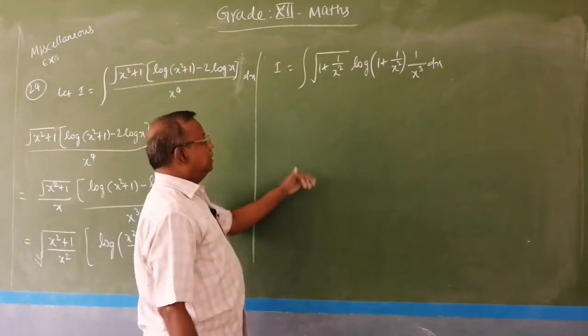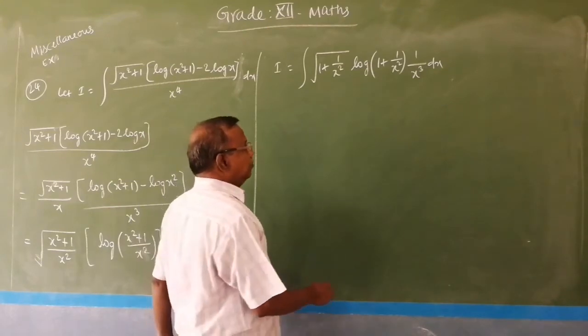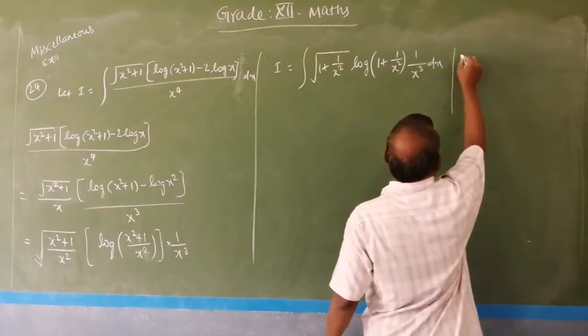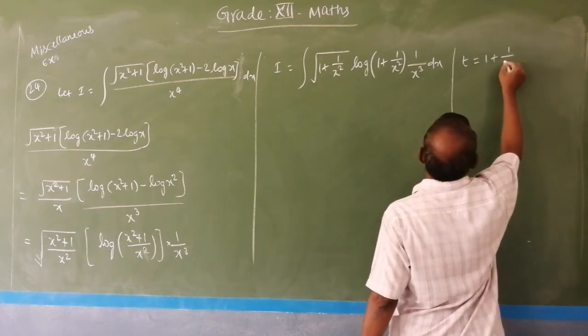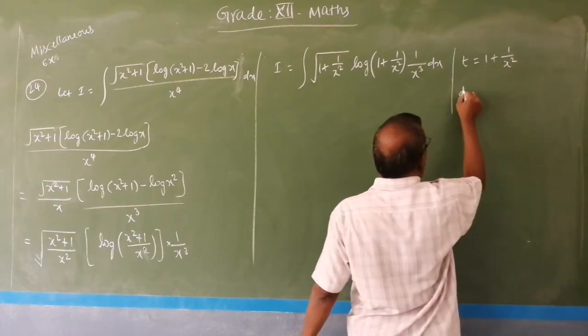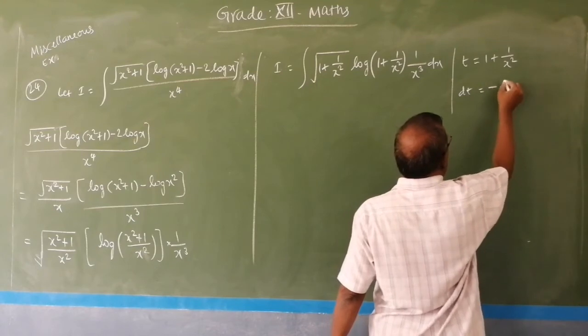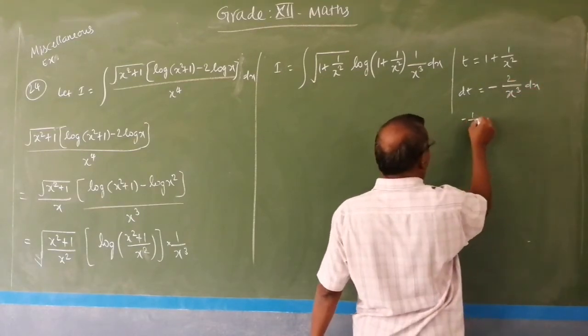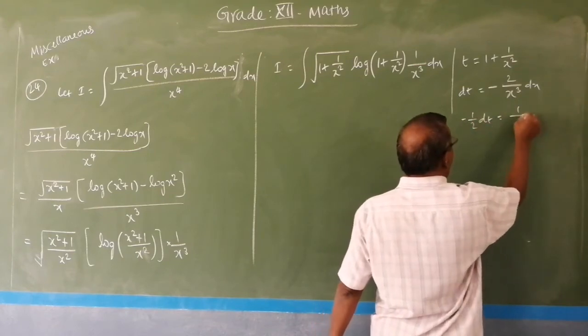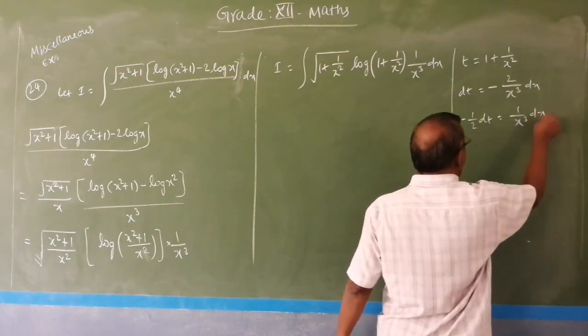Now we need substitution for this. We have put t equal to 1 plus 1 by x square. So dt equal to minus 2 by x cube into dx, or minus 1 by 2 dt equal to 1 by x cube into dx.